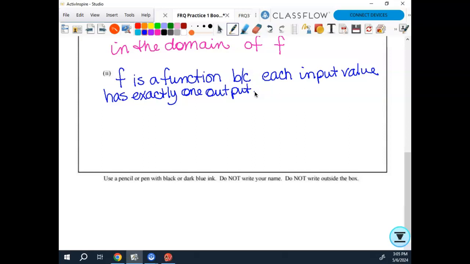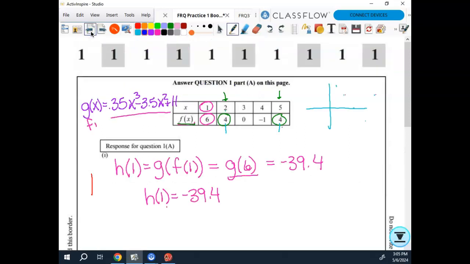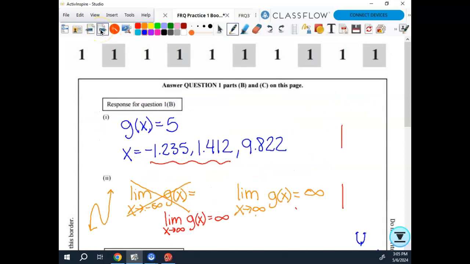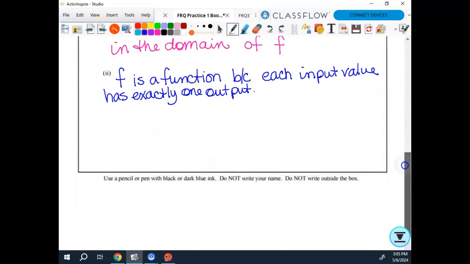So before I write this next step, let's think about this. For a function, each input has exactly one output. So then in order for the inverse to be a function, each output has to have exactly one input, and that's not what's happening right here. This output has two different inputs. So you can say the inverse of f, so not f, but the inverse of f, oh, that looks terrible with all the f's in my handwriting.